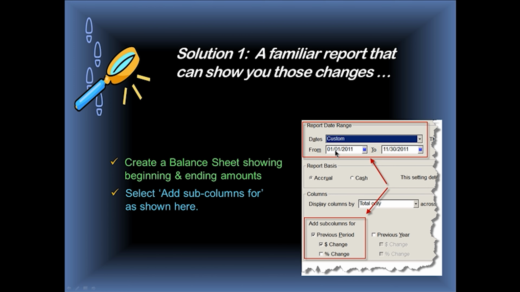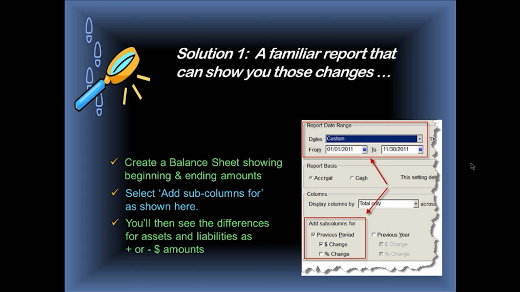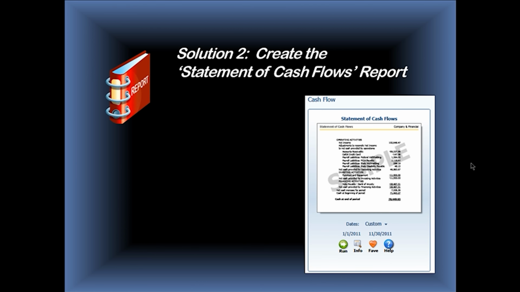Okay, and then here up above you'll see beginning and ending dates. You'll select those for your company. And you'll then see the differences for assets and liabilities as positive or negative amounts between beginning balances and ending balances. So without doing anything at all extra, you can see this information.